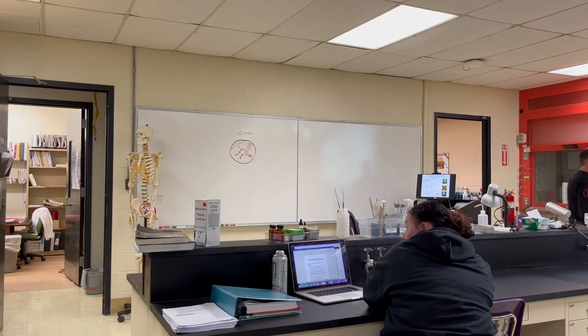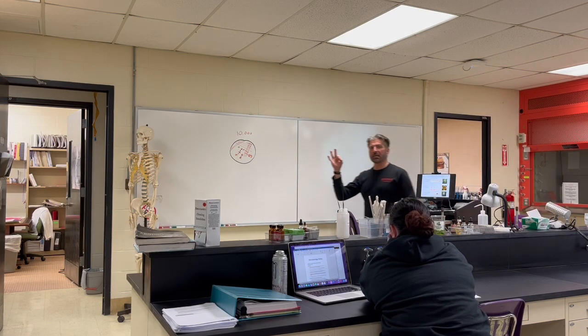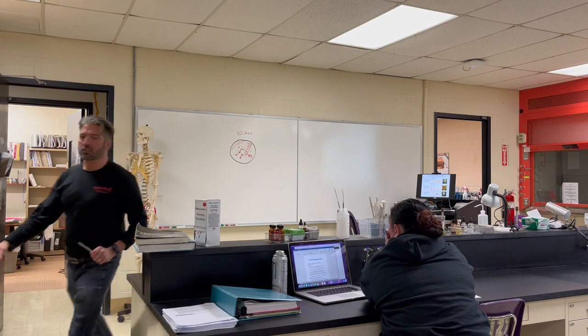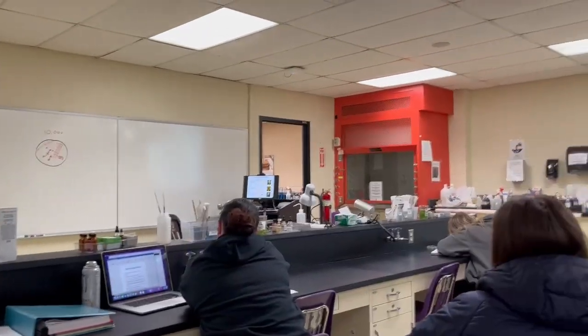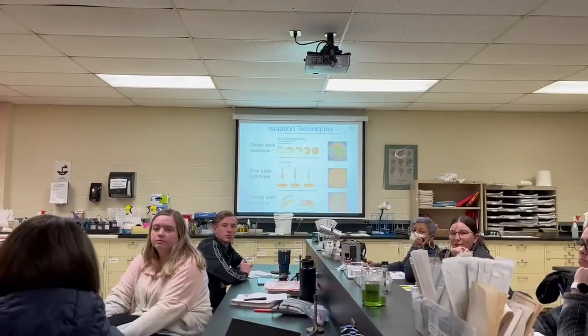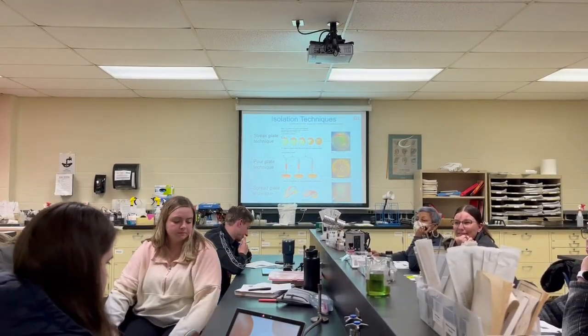But the problem with that is they're going to have different colonial morphology. I used that term last week. Colonial morphology means colony, and what does morphology mean? I know I stood right here when I said it last week. Different shape and color.